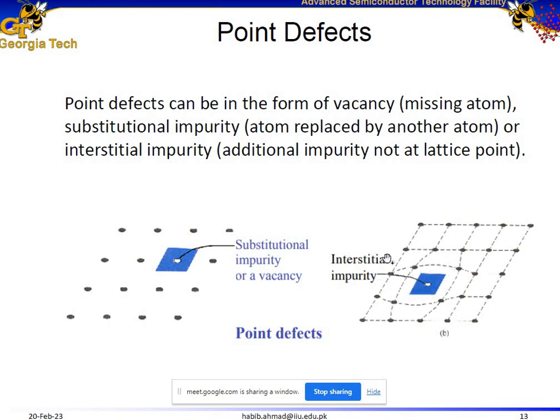And there is also always a possibility of this. If the size of this atom is smaller as compared to the size of the original atoms in the crystal lattice, the smaller atom has a chance to sit down somewhere in the crystal lattice, and it's going to distort the crystal planes for the crystal structure.